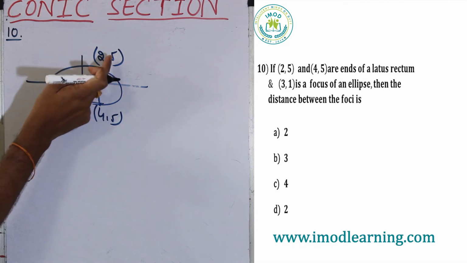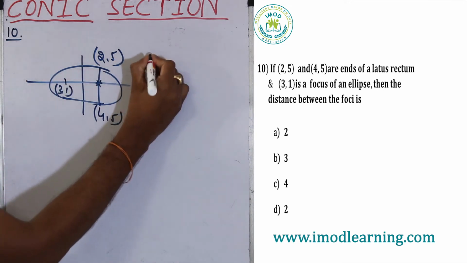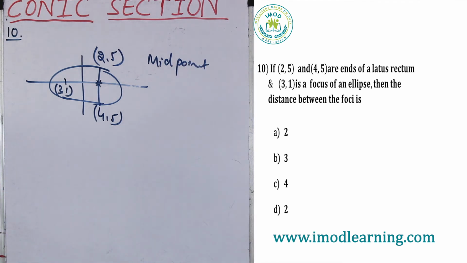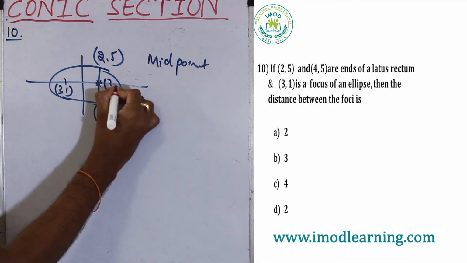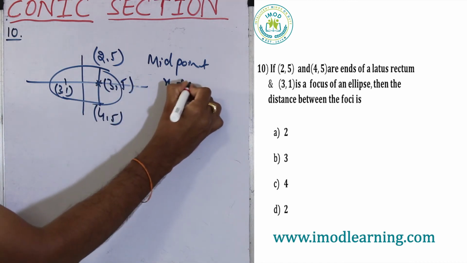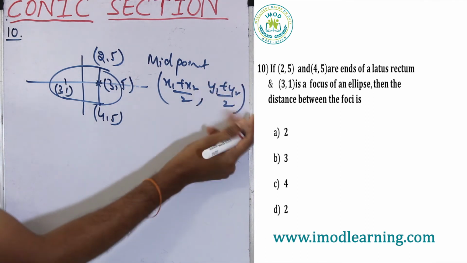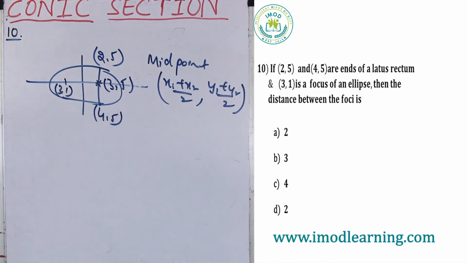Using these 2 points, you can use the midpoint formula to find the midpoint of the latus rectum. This point becomes 3, 5: x1 plus x2 by 2, y1 plus y2 by 2. You can substitute the points and get the value 3, 5.